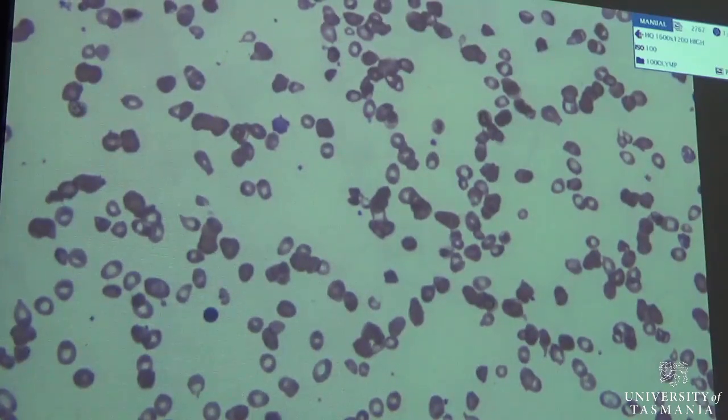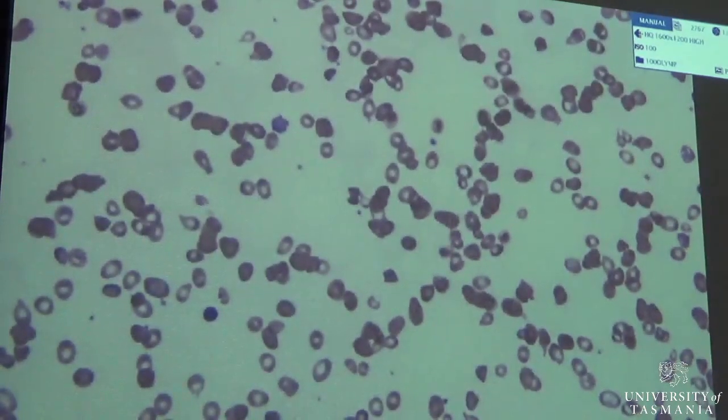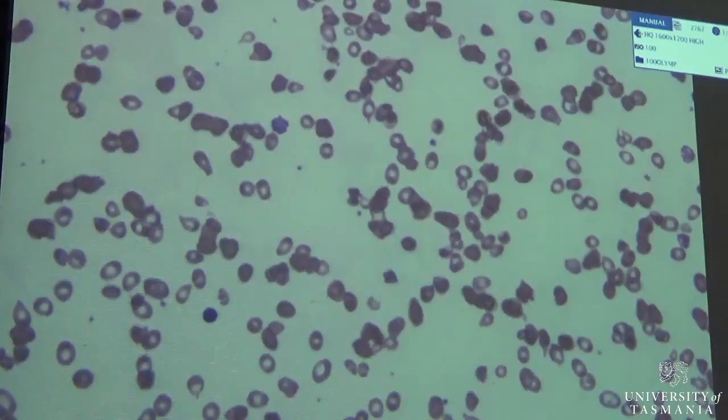So you need to go down to the other end. But while we're here, it's a real pity that artefact doesn't really show up well here. When I look down my microscope, I can see quite a bit of refractile water artefact there, but it's not really coming up on that film.